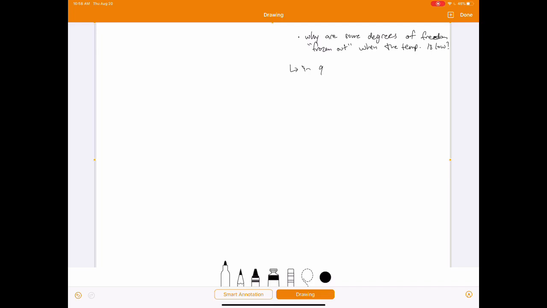In quantum mechanics, vibrational and rotational energies are discrete, not continuous. So what I mean by that is, let's take the example of a rotation.